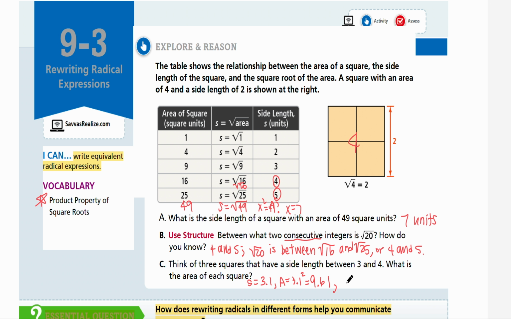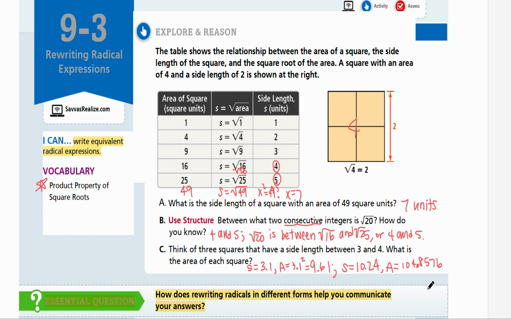And then if the side length is 10.24, the area would be 10.24 squared, which is 104.8576, right? So these are not going to give you perfect integers as your areas.